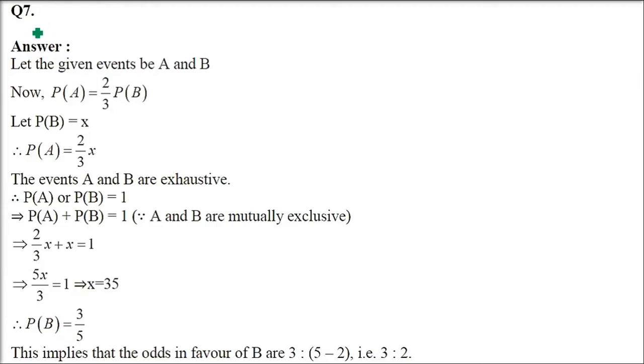Okay, next one: one of the two events must happen. Given that the chance of one is 2/3 of the other, find the odds in favor of the other. Same thing, same way, which we just saw. P(A union B) equals PA plus PB minus P(A intersection B).